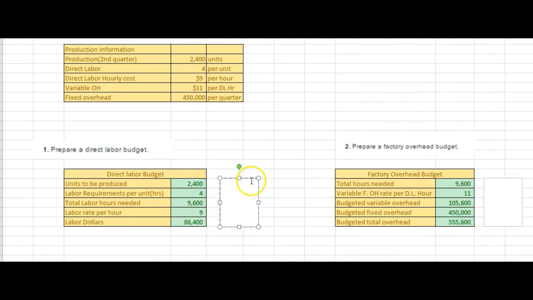This is for direct labor and factory overhead. So what you end up doing is, I'm going to produce 2,400 units, and that's 4 hours per unit, which gives me a total of 9,600 hours that are needed, times the rate of $9. Now, when you look at overhead, we're looking at relating this to direct labor.